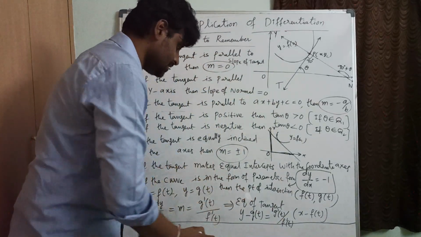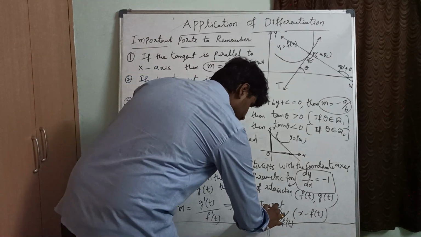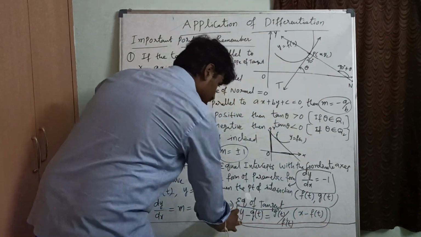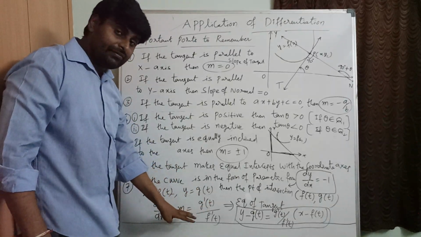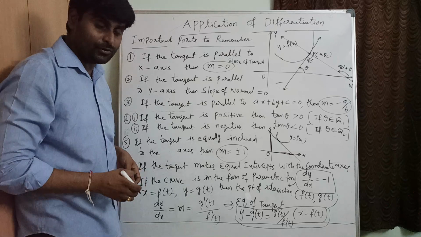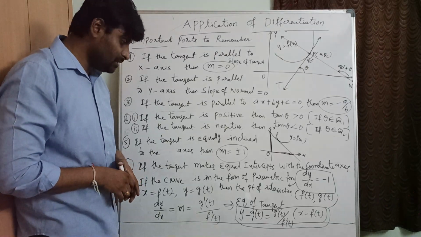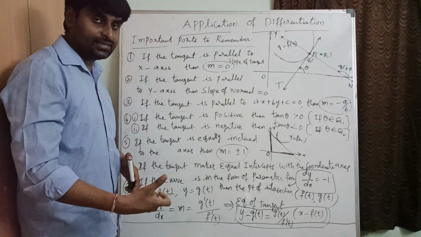Correct? So this is the equation of the tangent in parametric form. In most of the cases for competitive exams, you will be given the equation of the curve in parametric form only. So you must know how to take the point in that case.